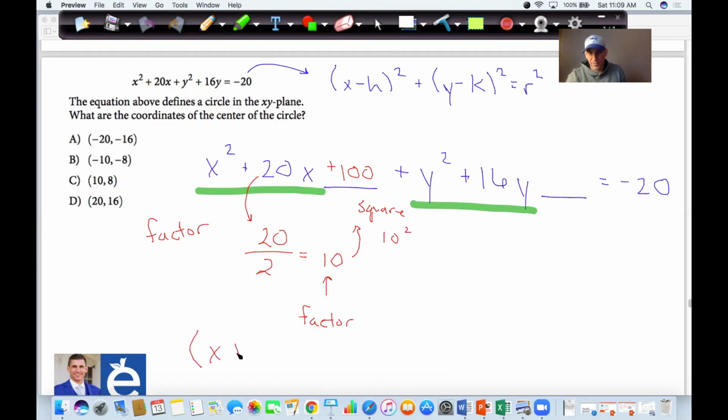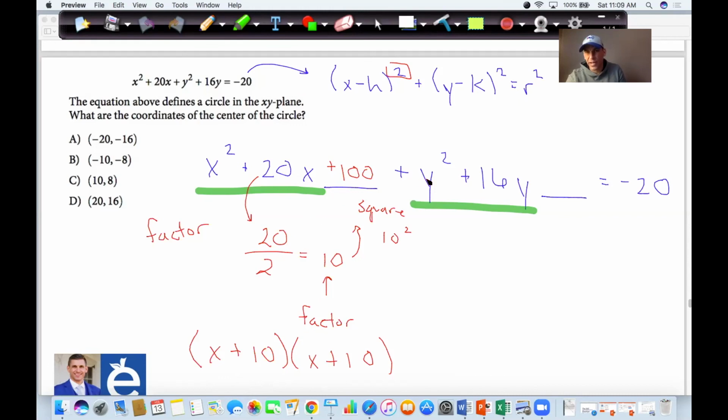It's x plus 10 and x plus 10. So you see what we did? We have something multiplied by itself, which gives me that perfect square.